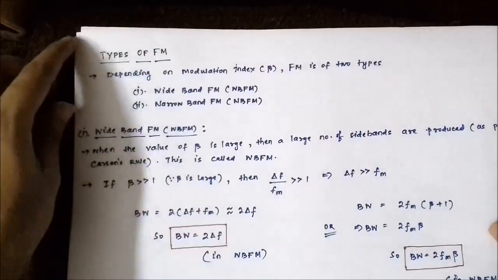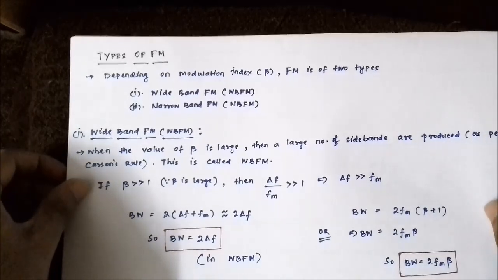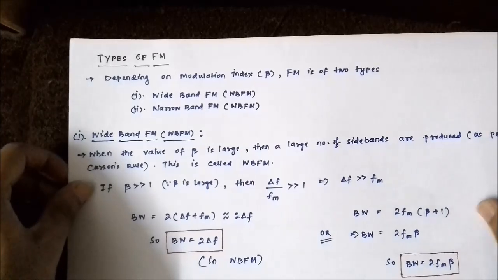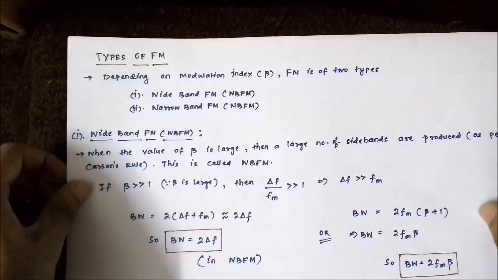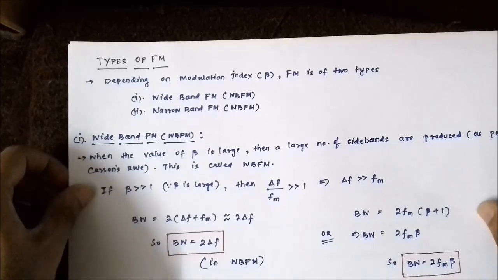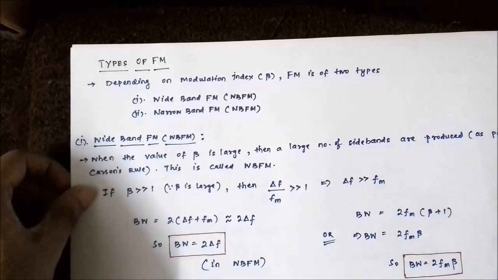Next, types of frequency modulation. The categories of frequency modulation depend on a parameter called the modulation index, which we have discussed in the previous video. Now, what is modulation index?